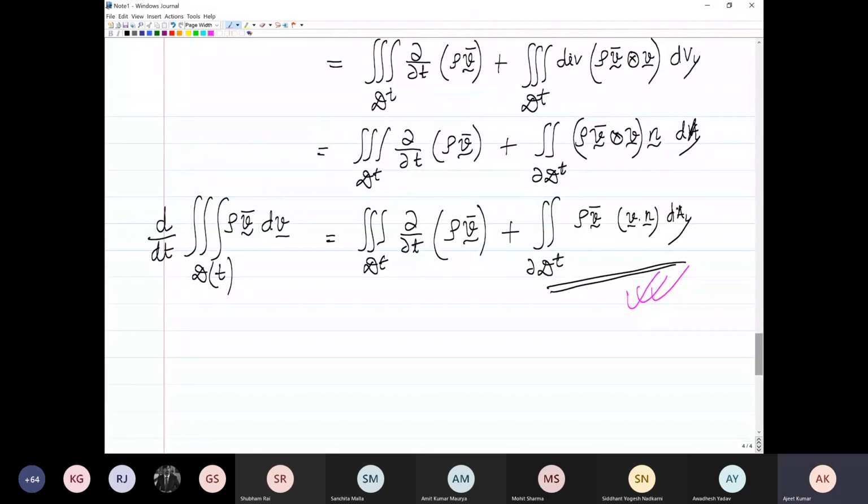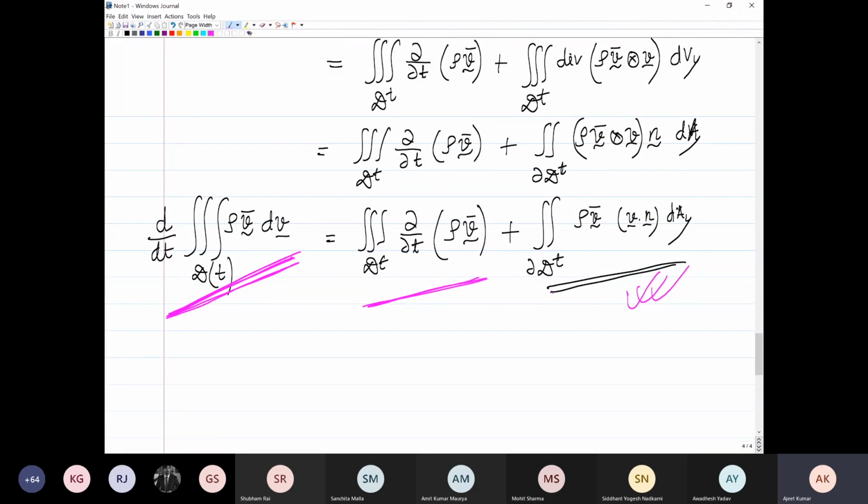So what you see is that what is on the left hand side is actually the sum of two terms. Many times people in fluid mechanics look at just a control volume. If you are looking at a control volume which is fixed in space, that doesn't mean that you have the same set of particles, right?